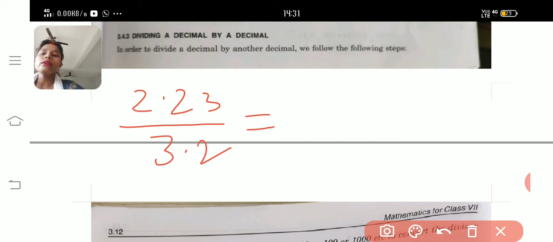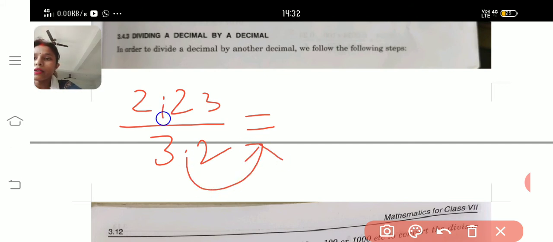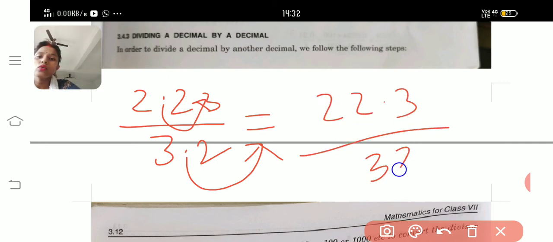You can shift the decimal in the numerator as well as in the denominator by the same number of places. If I shift it one place in the denominator, in the numerator also it will shift one place. So the answer will be 22.3 upon 32. So simply this is now the division of a decimal by a whole number. You can do it, I think.